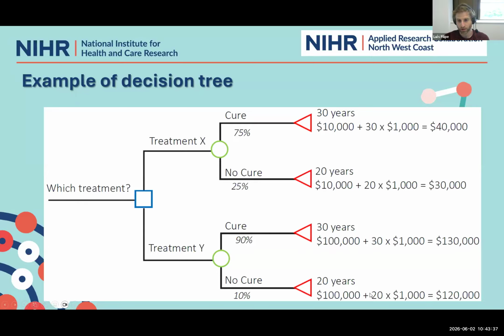If the person is not cured, you still pay the 100,000, but then it's 20 times 1,000, and you get the 120,000 pounds. Okay, so we have all the information that we need to solve this decision tree.